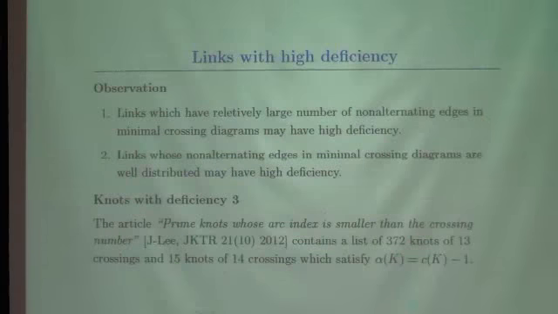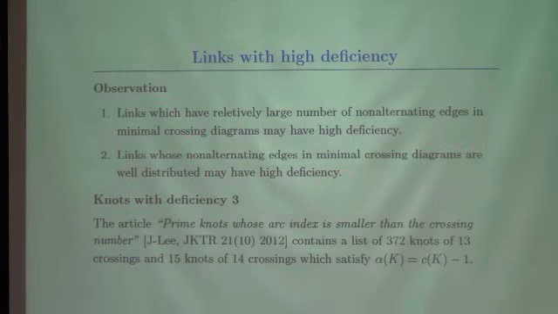So links whose non-alternating edges in minimal crossing diagrams are well distributed, I mean, they are as non-adjacent as they can be, then that may have high deficiency.